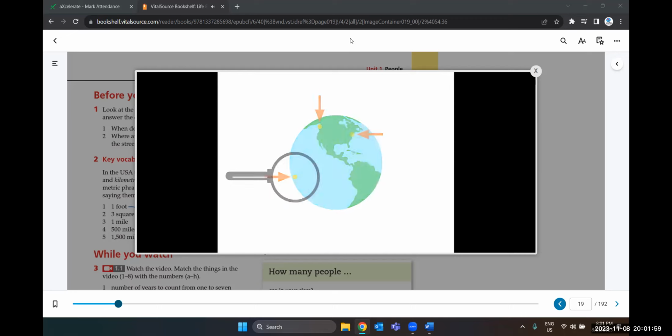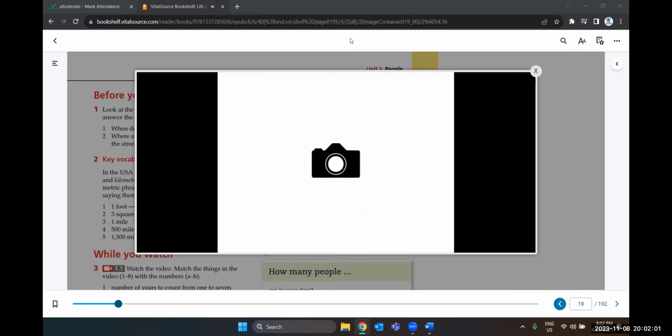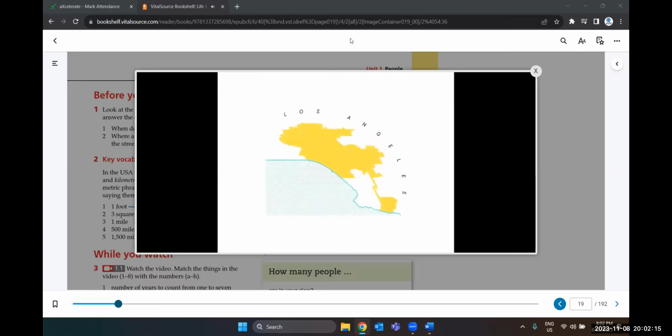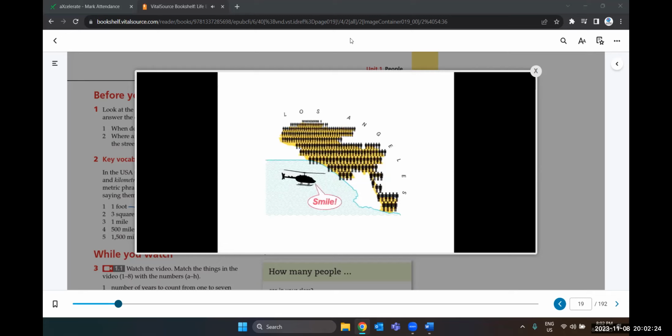Oh, and for a photograph of 7 billion people with everyone next to each other, we need an area of 500 square miles. Yes, 7 billion people in 500 square miles. Los Angeles is 500 square miles, so we can take the photograph there. Here comes the photographer in a helicopter. Smile!